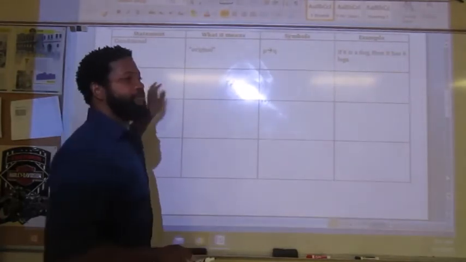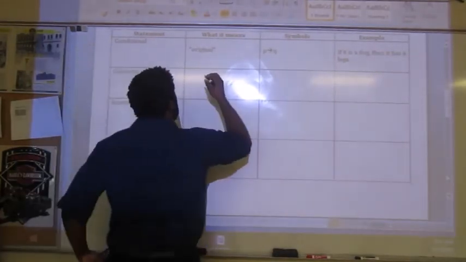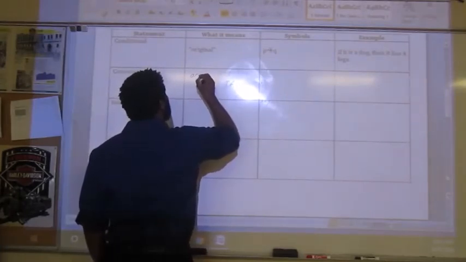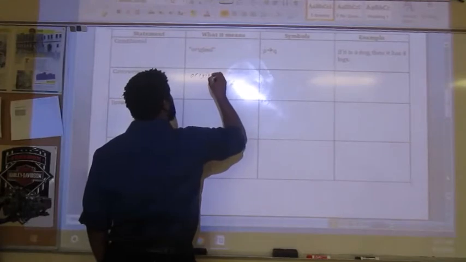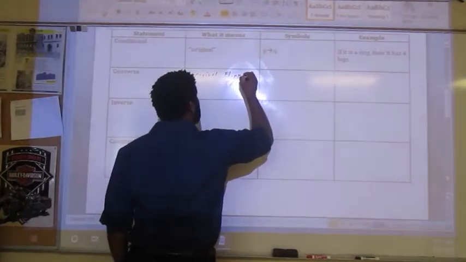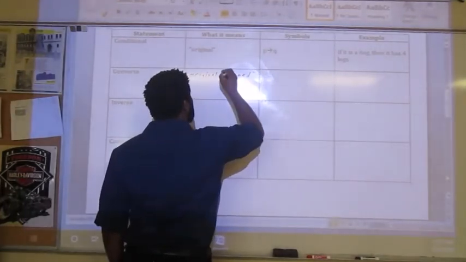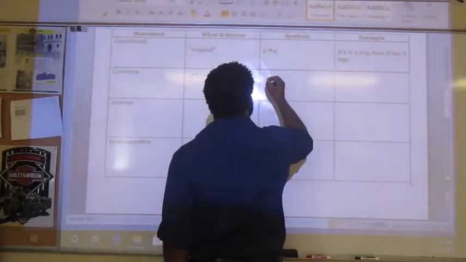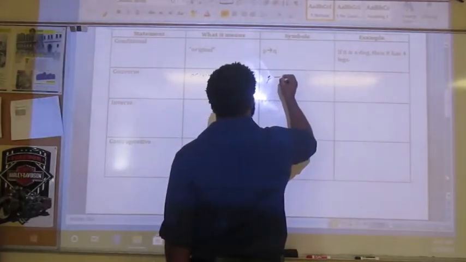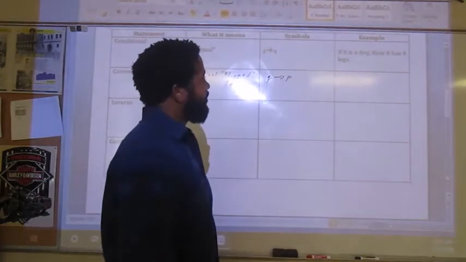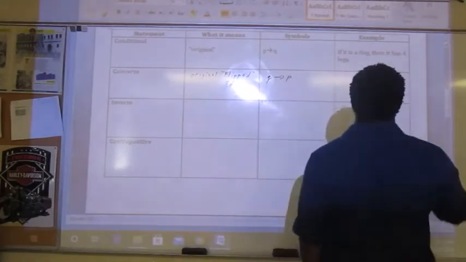But the converse is what we have, where we have the original flipped. Therefore, this is Q going to P. So we are pretty much stating this.